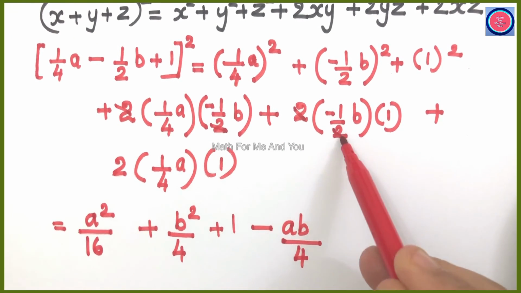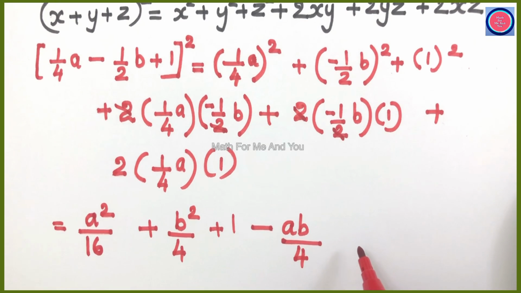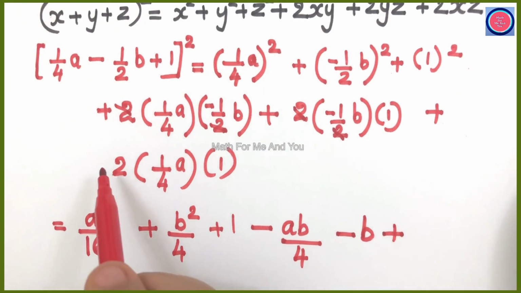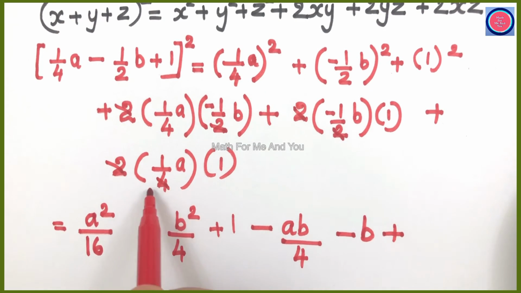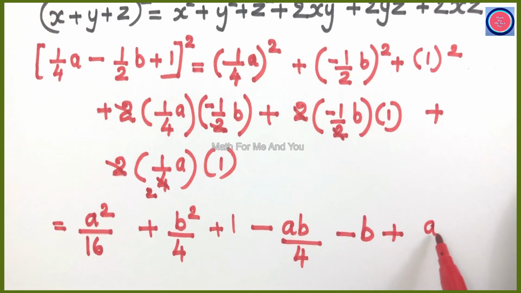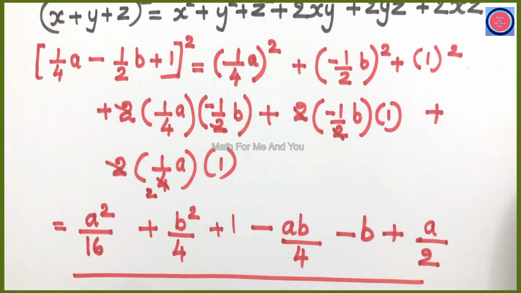So there is minus b times 1, that is minus b only. Because there is no denominator, we cancel the 2 with the 2. Third term we could cancel 2 from numerator and denominator. 2 times 1 and 2 times 2, 4. So after multiplying we get a by 2, the last term. So this is the expansion of 1 by 4a minus 1 by 2b plus 1 the whole square.